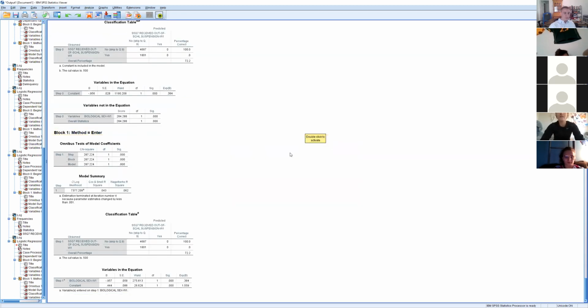Okay, and so when we run the regression equation, what I want to focus on here initially is this table at the very bottom. This table at the bottom is very similar to the output that one gets when you run the linear regression. So here we have a constant, which is A in the regression equation, and we also have unstandardized beta coefficients.